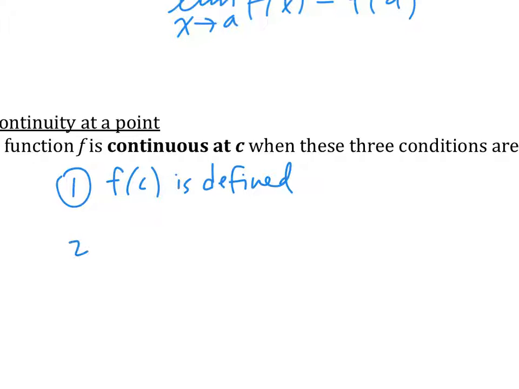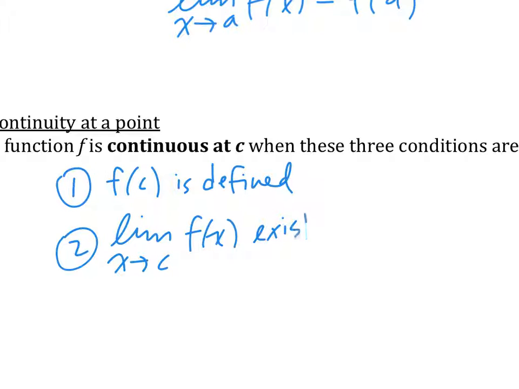Second, the limit as x goes to c of f of x exists. Exists means that it cannot be infinite. Infinite does not exist, so that's no limit. It actually has to go to some kind of number.